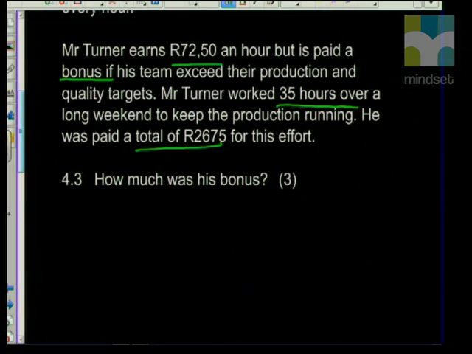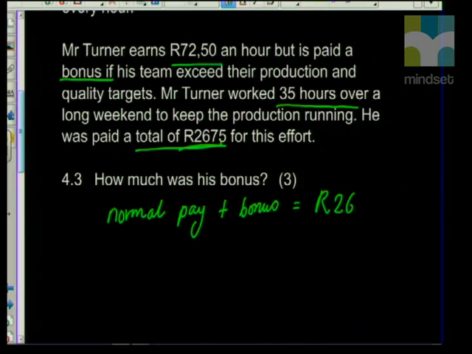Okay, so if we understand this, he has his normal pay plus his bonus to equal the total, which they've given us, of 2,675 Rand.